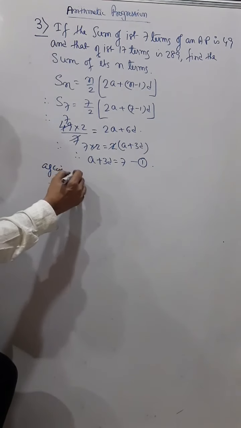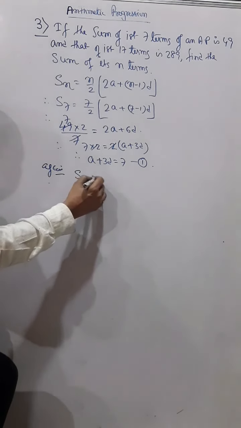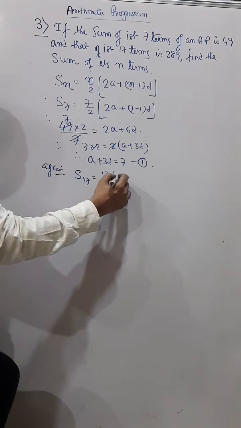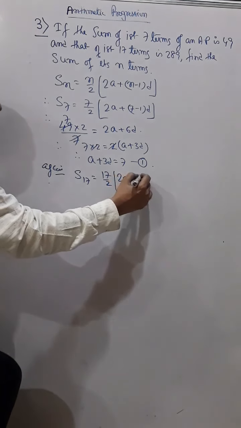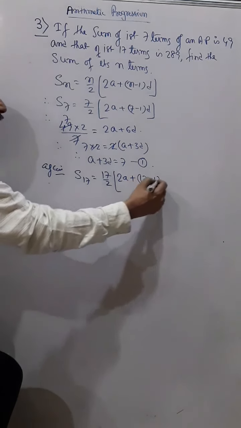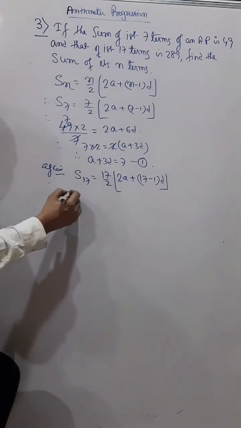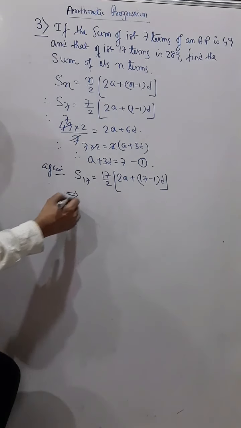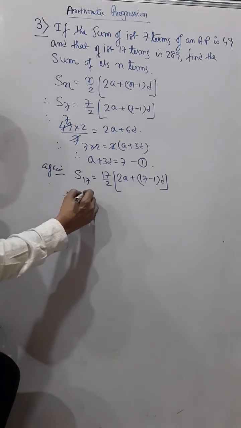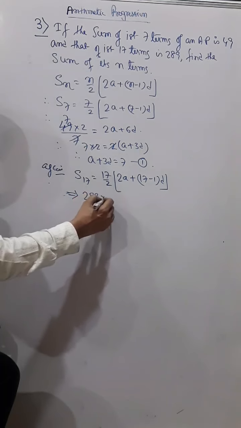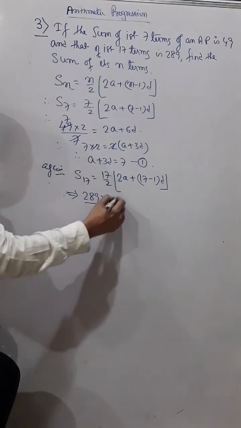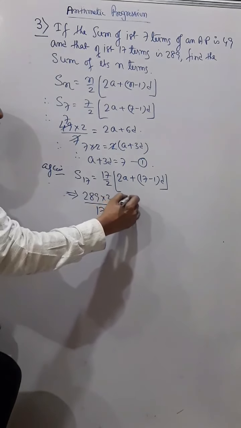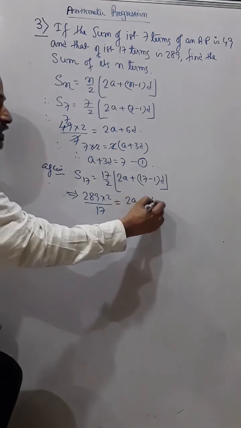Again, the sum of 17 terms. Now the sum of 17 terms will be 17 by 2 into (2a plus (n minus 1) into d). It's given as 289, so it is 289 into 2 by 17 is equal to 2a plus 16d.